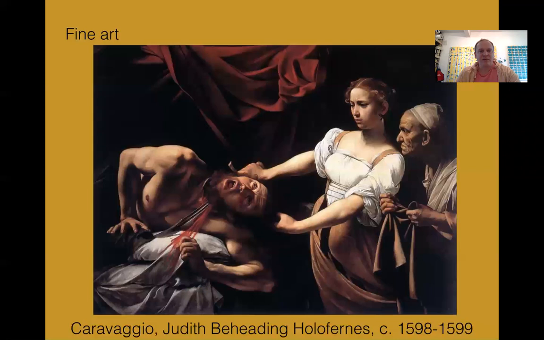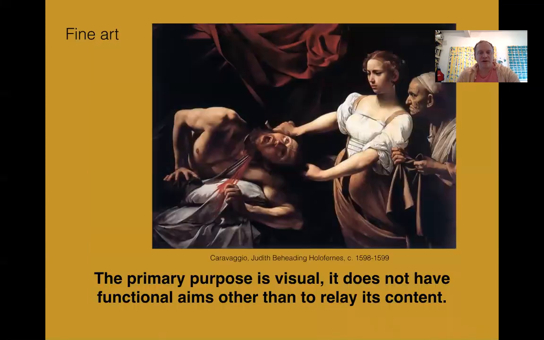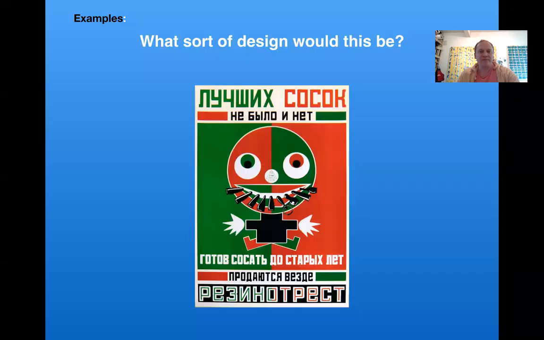And here we've got purely fine art, this Caravaggio painting. We can see here its primary purpose is the visual. It doesn't really have functional aims outside of itself, other than to relay its own content. Something like this was designed by a fine artist, but it is for advertising.